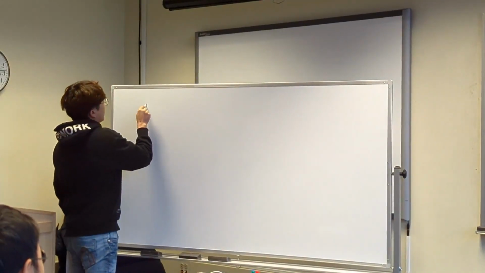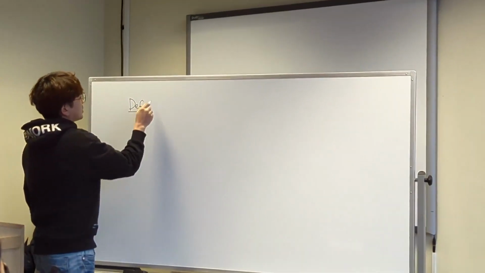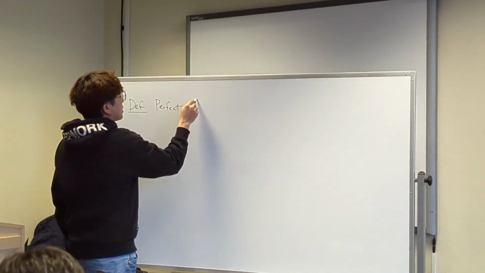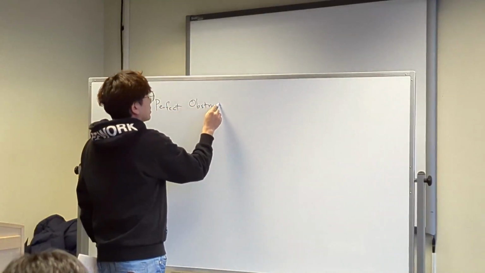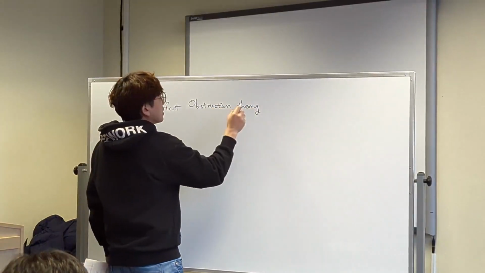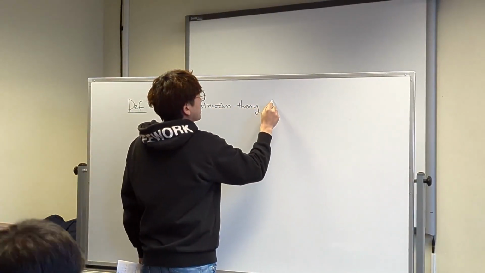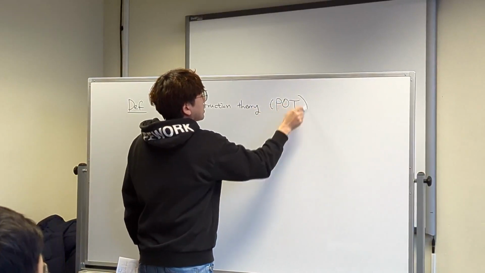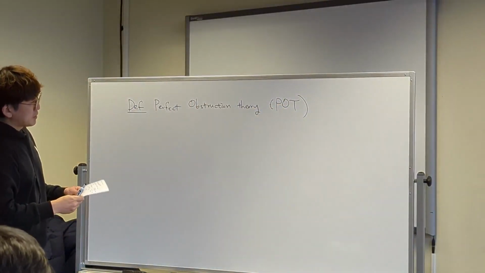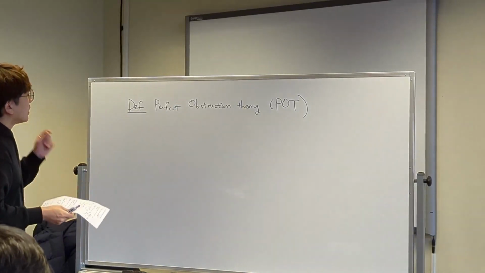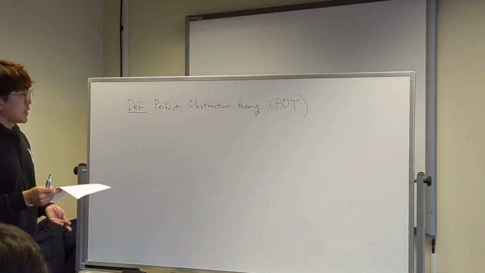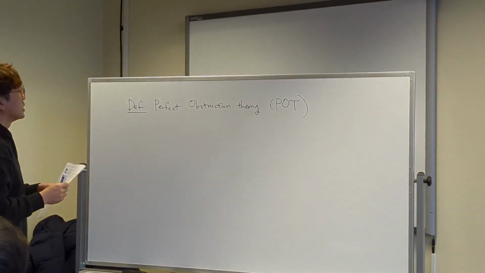Now I want to define what a perfect obstruction theory is. The notion was defined by Behrend-Fantechi. In some way, this is a generalization of the cut-down model.